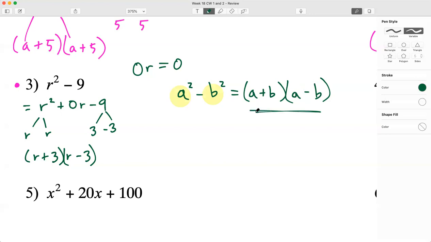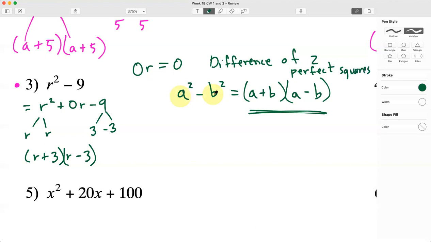But in order for you to use this formula, you have to have a negative sign here in the middle. Why? Because it is the difference. Difference means minus of two perfect squares. And a perfect square is here and there.